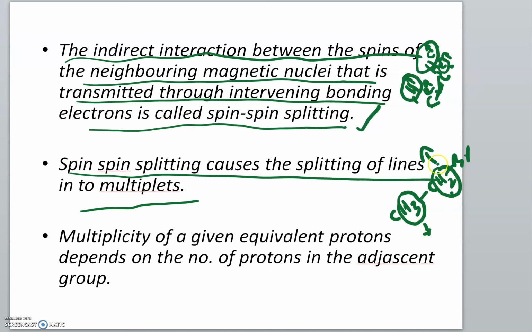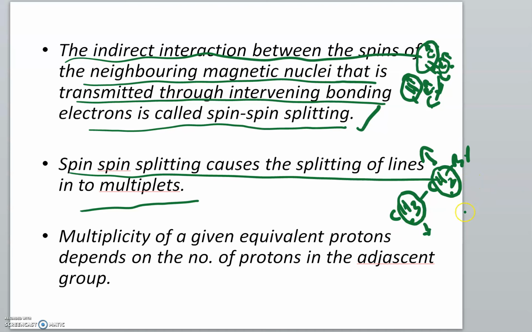Actually this line for the CH2 group is split into 4. We will explain that later in more detail. There are 3 hydrogens here, therefore the CH2 line is split into 4, and due to this CH2 group, the line of the CH3 group is split into a triplet.